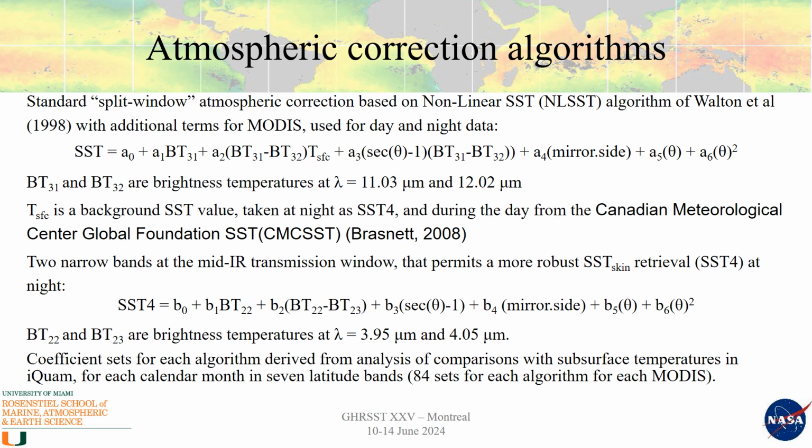This can be largely corrected for by scaling the brightness temperature difference correction by an estimate of the surface temperature. It turns out the surface temperature estimate here does not have to be terribly accurate, as the sensitivity of the derived sea surface temperature to errors in this T surface term is quite small.